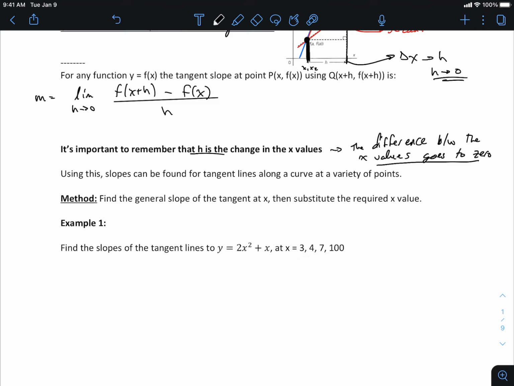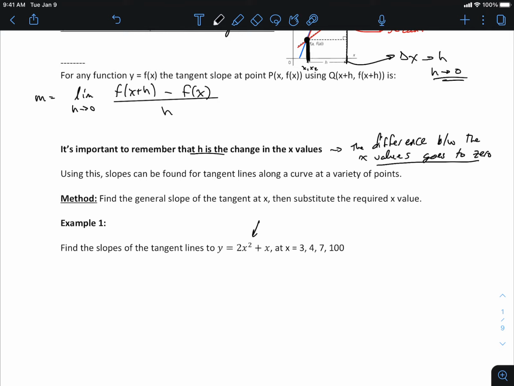So we want to find the slopes of the tangent lines to this equation, but at each of these x values independently. And so we should expect to see different slope values. This is not a line, so we know we're not going to have one uniform slope.